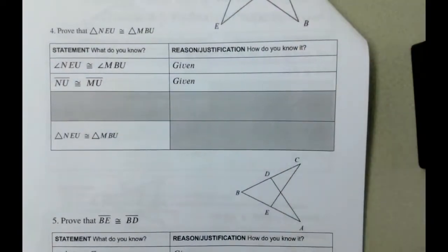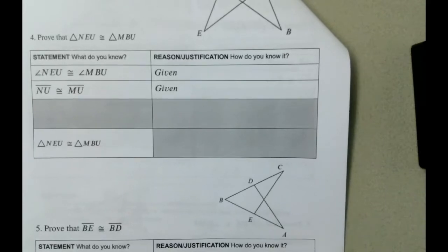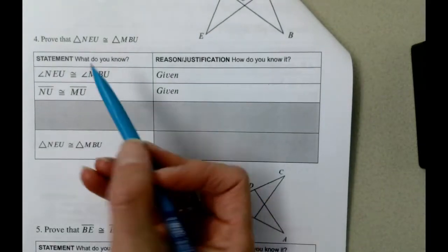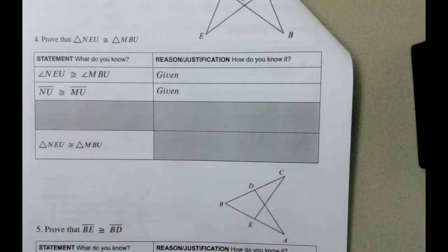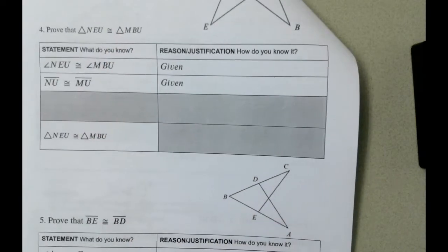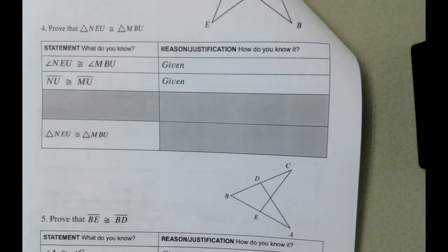Flipping our page, problem number 4. We're proving that triangle NEU is congruent to triangle MBU. So when we look at this picture, let's mark up our given information.